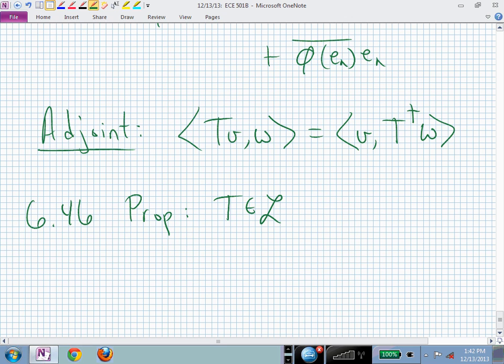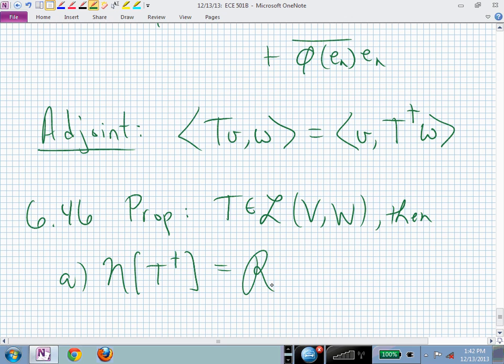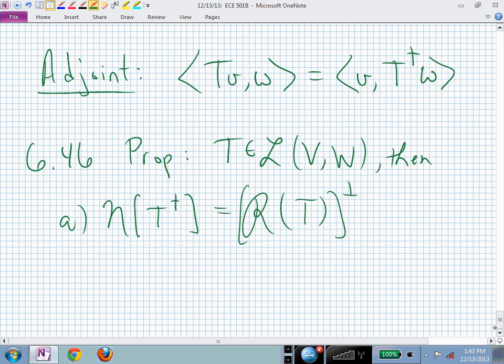Proposition 6.46, taking this linear operator between V and W, allows us to say that the null space of the adjoint is the same as the orthogonal complement of the range of T. So if we needed some vectors for the null space of T dagger, we could find the range of T, find a basis for the orthogonal complement, and now we have a basis for the null space of T dagger.